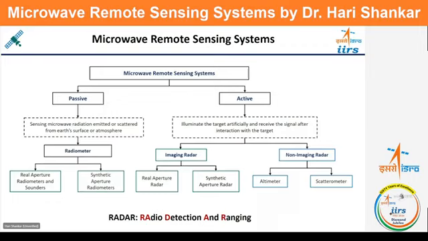So the brightness temperature can be directly linked with the soil moisture. So that way it has a very direct relationship with the soil moisture. So in principle it is very sensitive, but the drawback is the pixel size is very big.